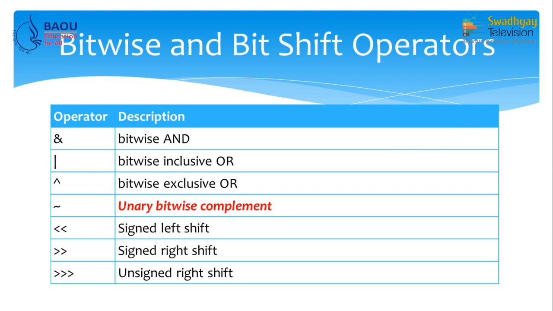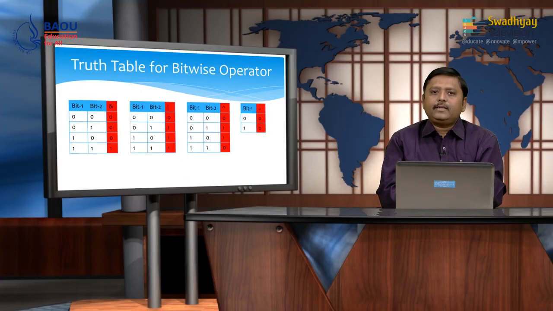Now, we discuss the truth table for these bitwise operators. For example, we take one bit from the first operand and a second bit from another operand, and we check what will happen for different combinations of these bits. On screen you can see bitwise AND. The red line shows the result of the particular operation.